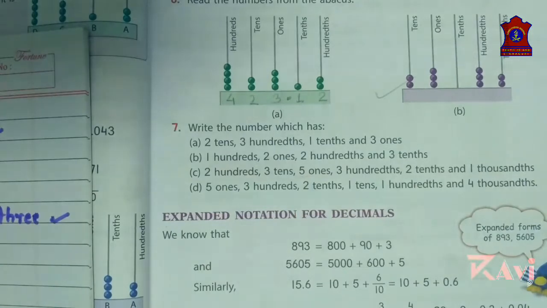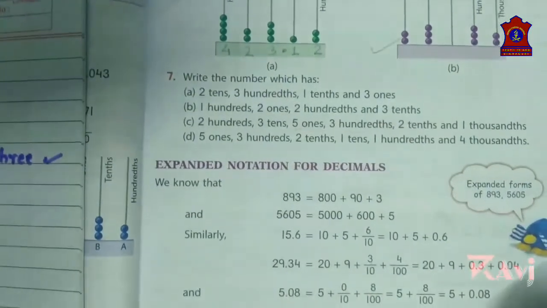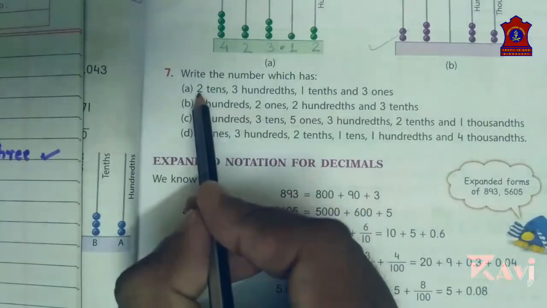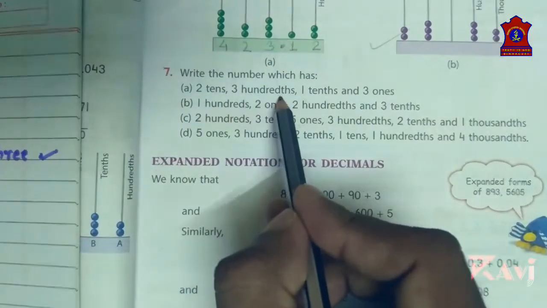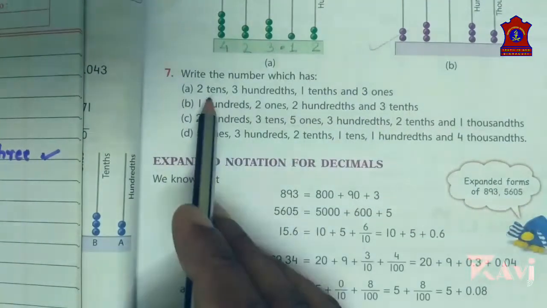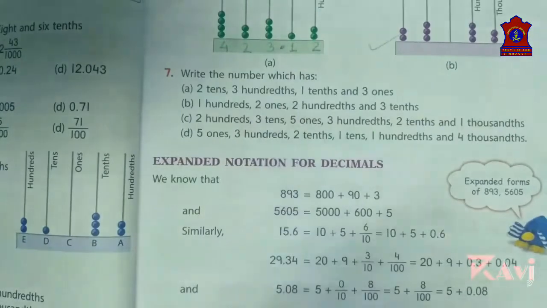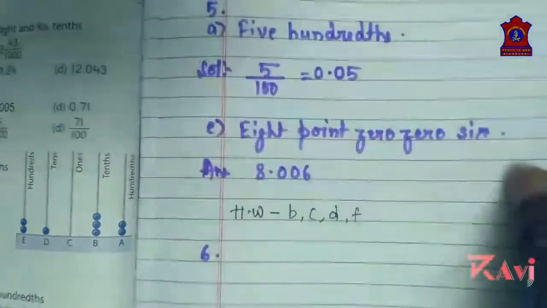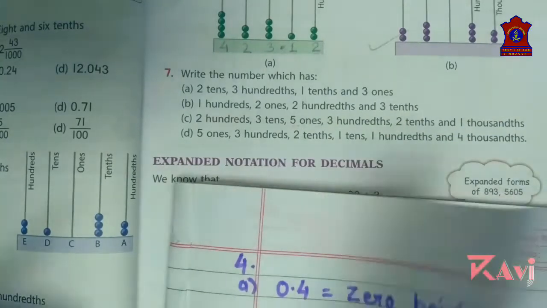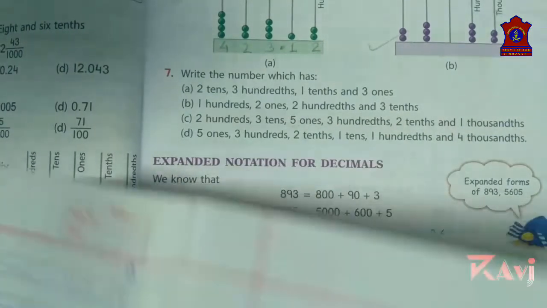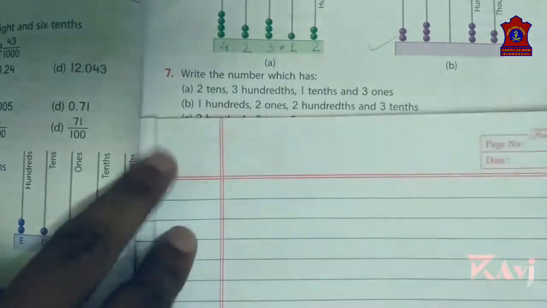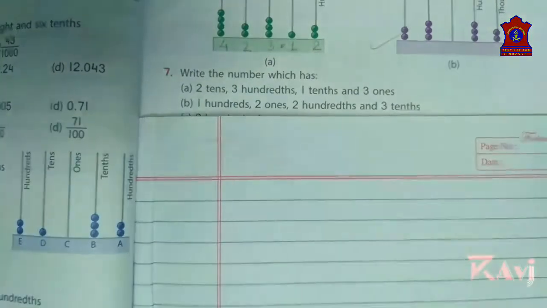Clear? Now look at question number 7. Write the number which has 2 tens, 3 hundredths, 1 tenth and 3 ones. It means first you need to arrange this in a place value chart. Clear? So what you can do, you can create a table.